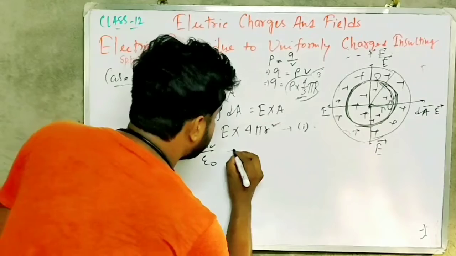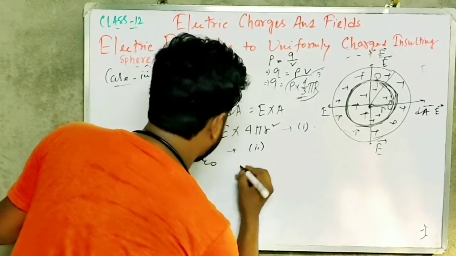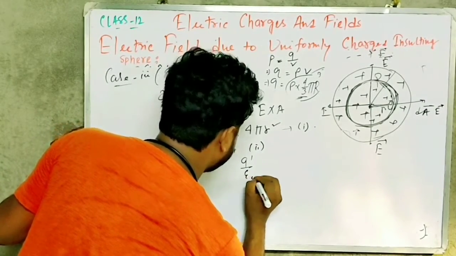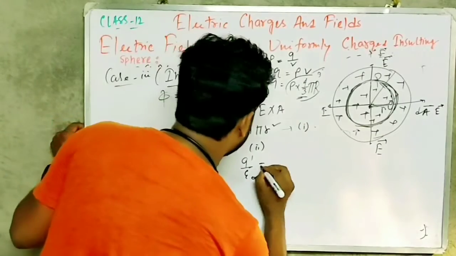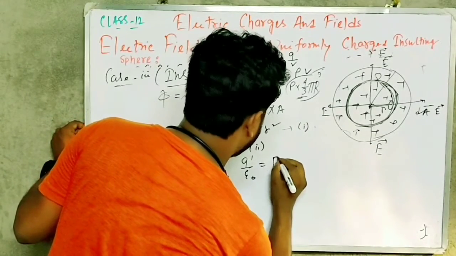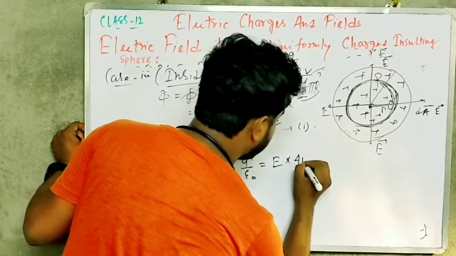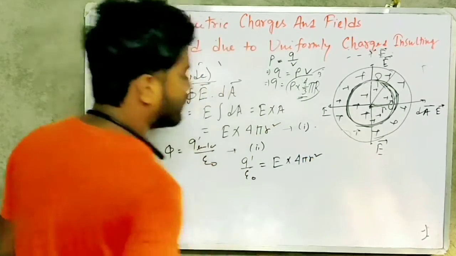So this is equation 2. Now Q dash by epsilon naught is equal to E into 4 pi r square. Clear?